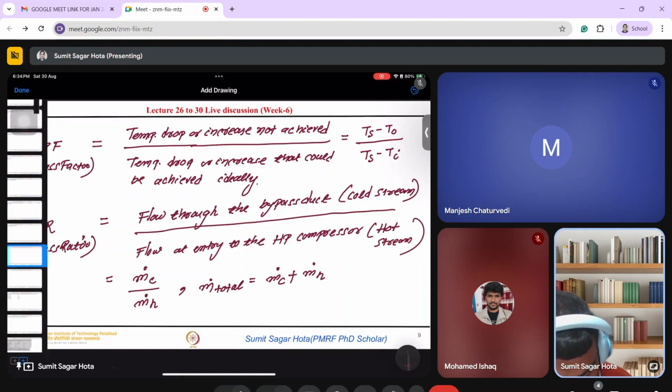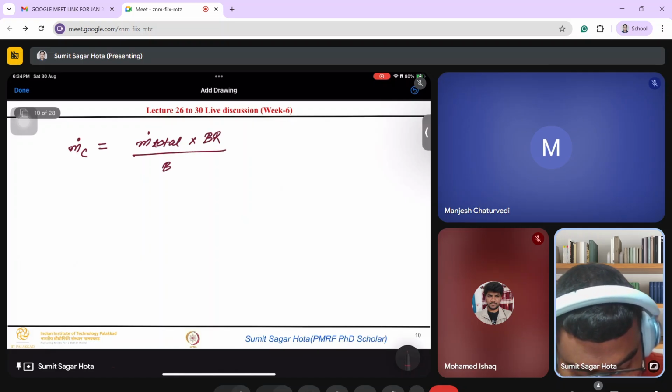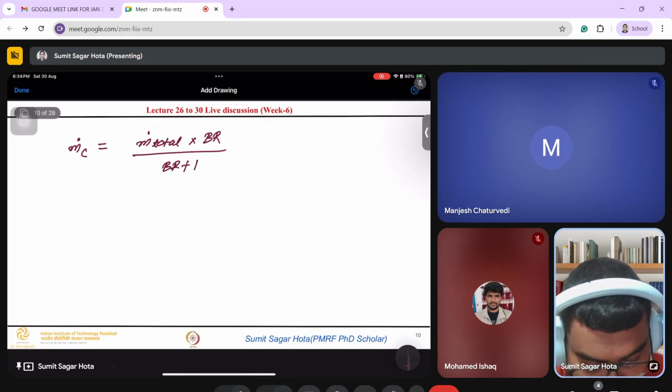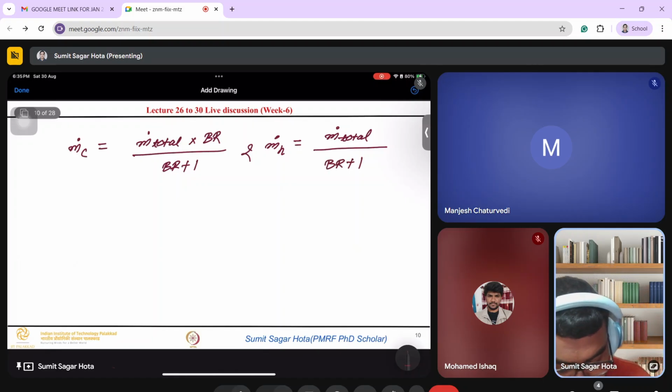One more formula I can give: m dot c is equal to m dot total into BR divided by BR plus 1, and m dot h is equal to m dot total divided by BR plus 1. This kind of question can very easily be asked.